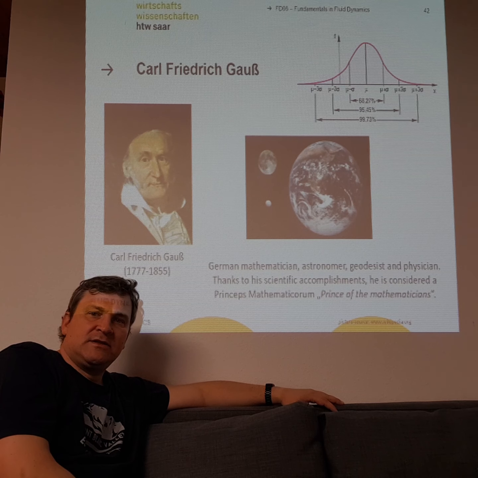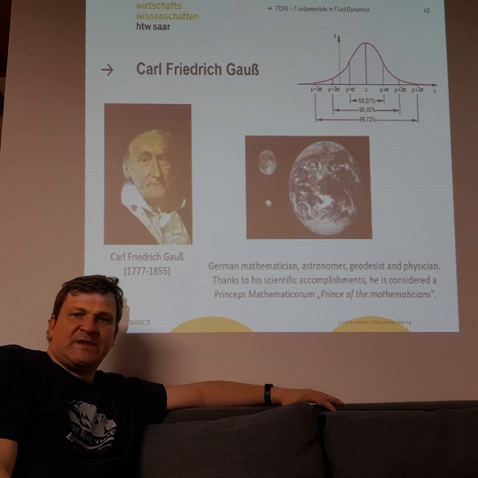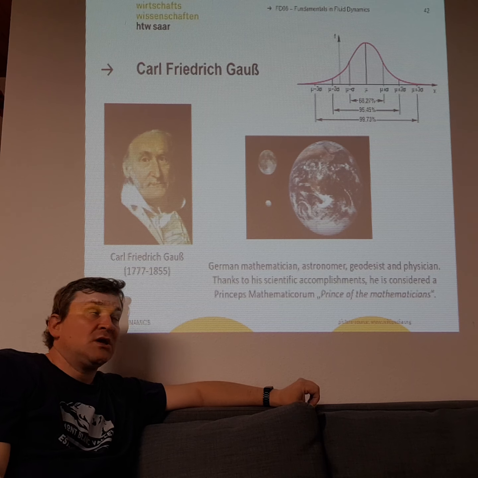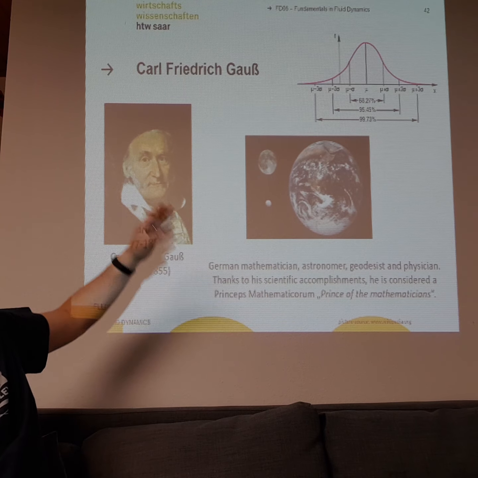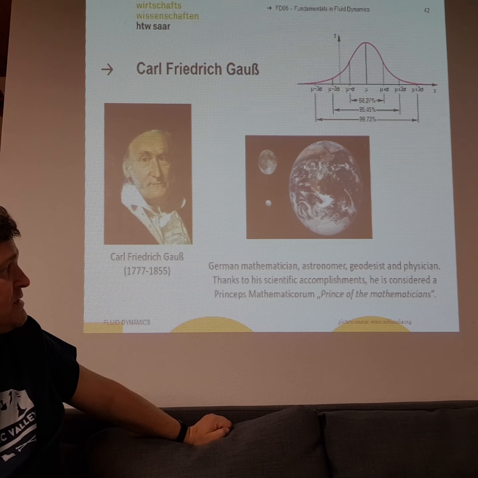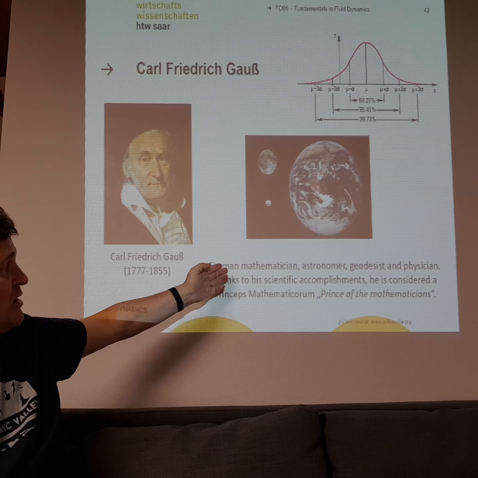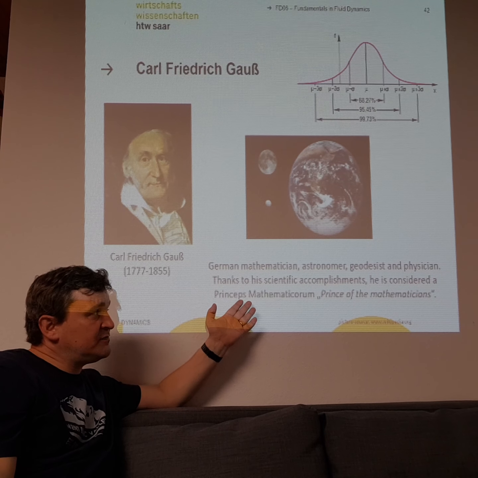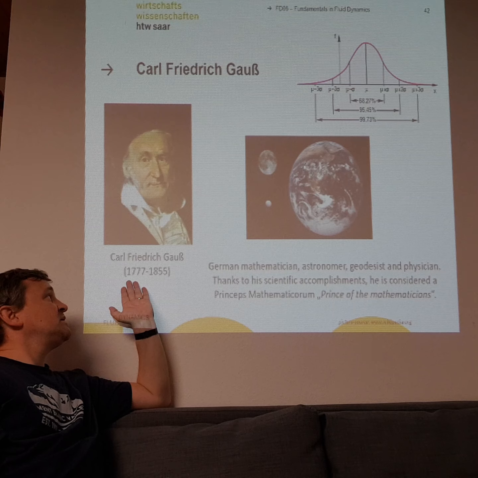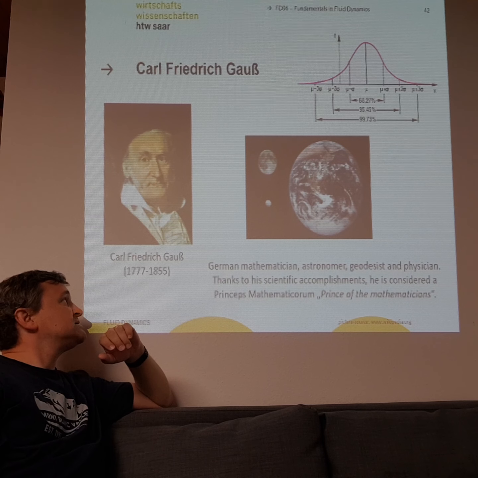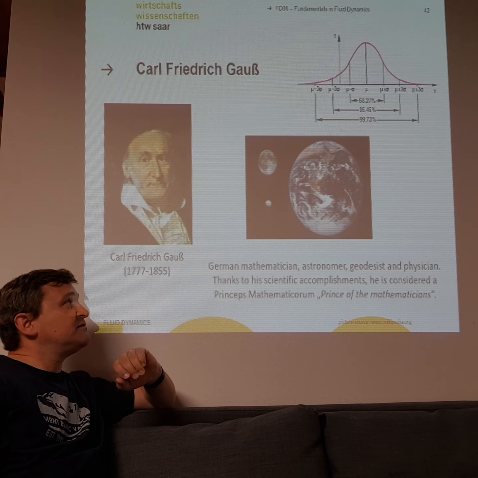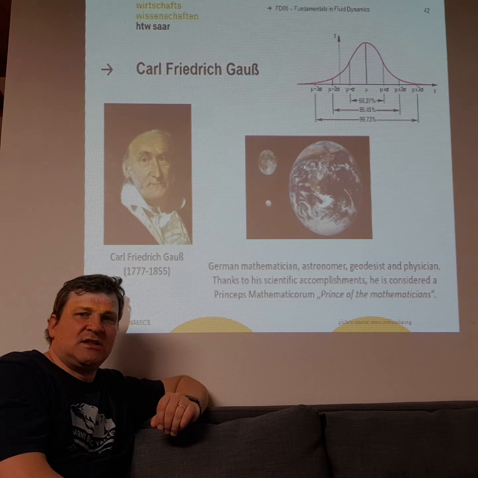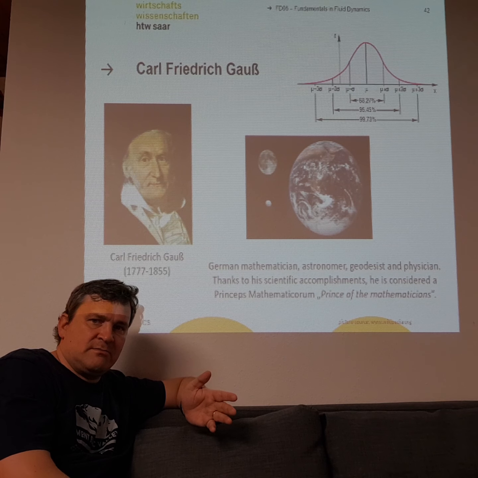Okay, and of course, that's also an important scientist I want to mention. He's called Carl Friedrich Gauss, and he was a famous German mathematician, astronomer, physicist, and he lived from 1777 to 1855, and he also did a lot of work in mathematics.